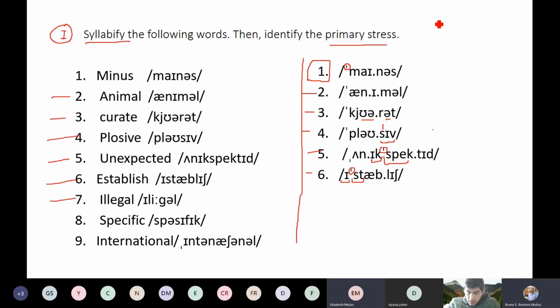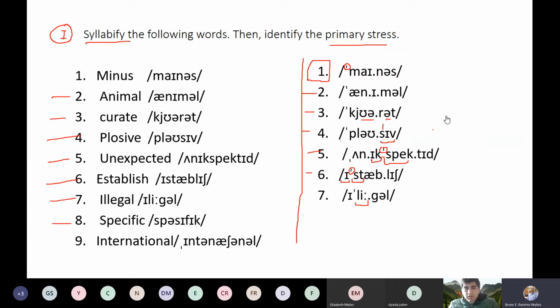All right. Illegal. Excellent, right? Illegal. The L becomes the onset of the second syllable, the second heavy open syllable, right? Number 8.